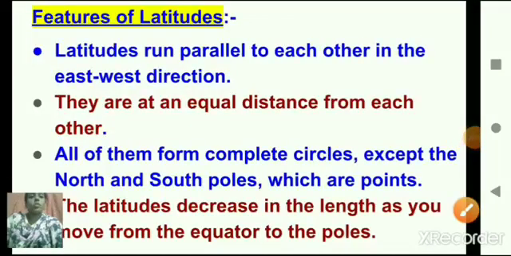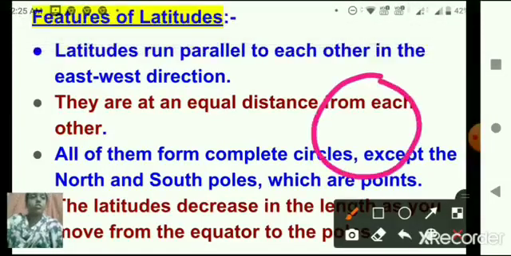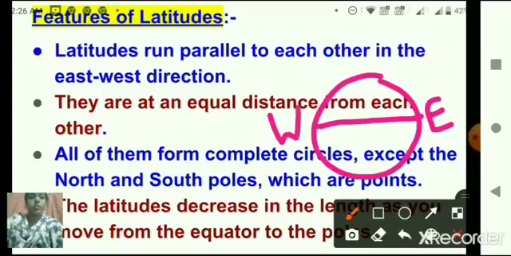Now let us focus on the features of latitudes. Latitudes run parallel to each other in the east to west direction. Now just imagine that this is the earth. So the latitudes run from east to west.